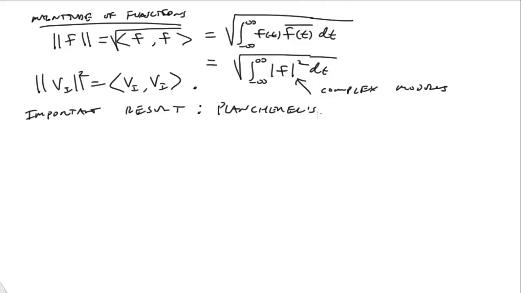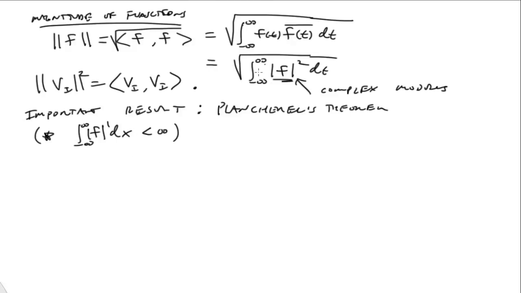We're not going to prove this theorem or anything, but there's only one real asterisk to it. It has to be that the functions we're talking about have to be not just square integrable, but also have to be first power integrable, less than infinity.